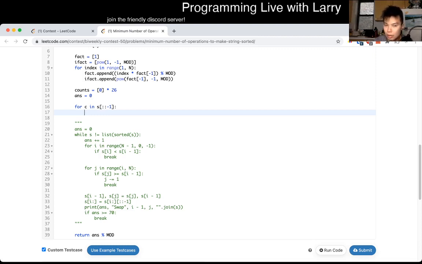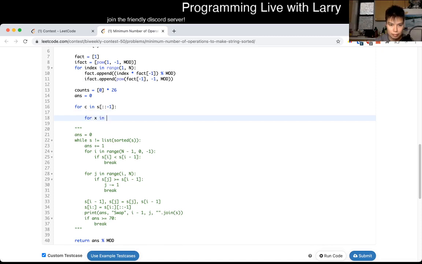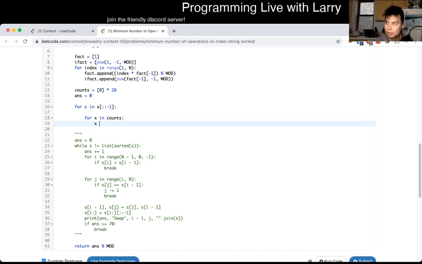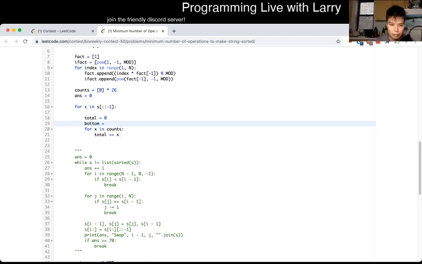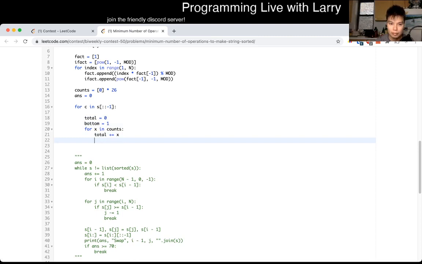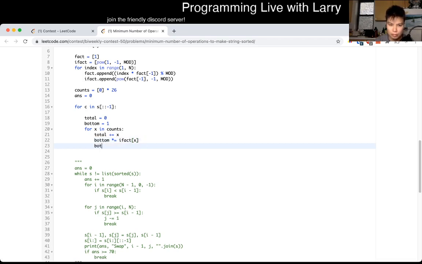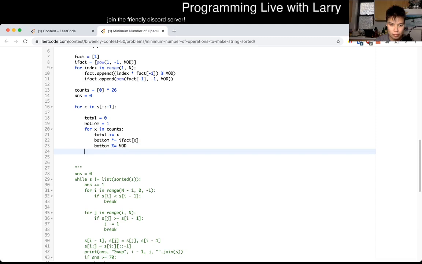Then now we take the count. No, that's not right. What I want to do is, okay.